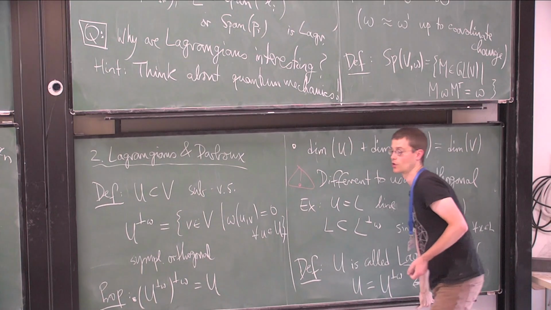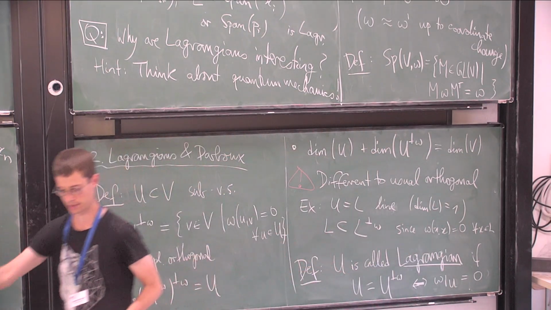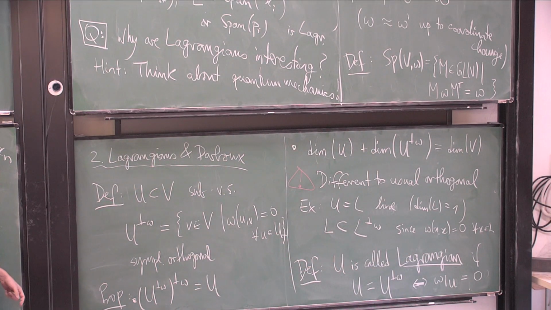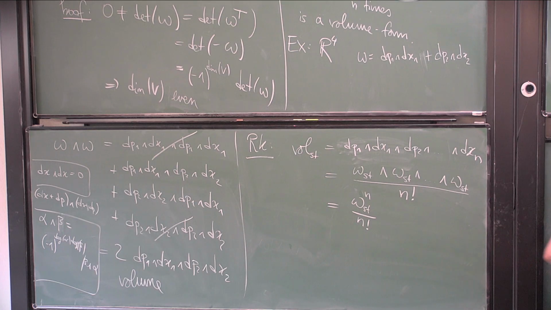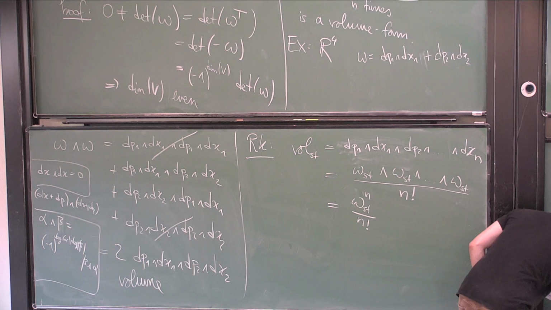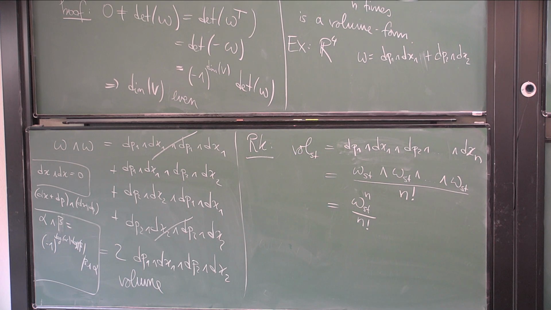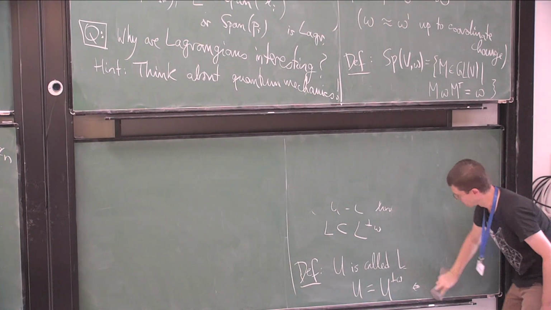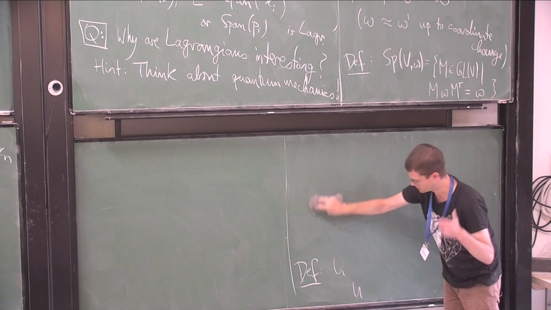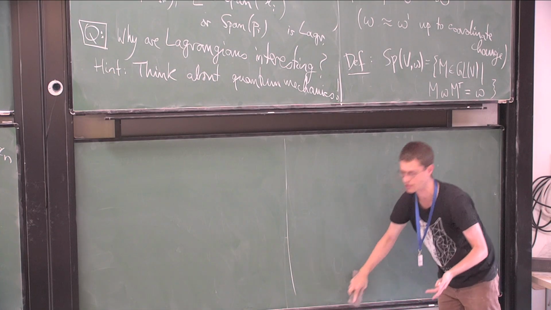Maybe for those who know a bit about classification of Lie groups, these symplectic groups are type C: type A is SL, types B and D are SO, the orthogonal groups, and type C is the symplectic groups. They play an important role in the classification. You could say, there's symplectic geometry, Riemannian geometry, complex geometry.